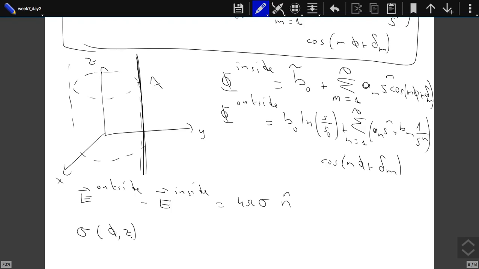So this line charge density, I have to write it as a surface charge density. And the surface charge density is nothing but delta lambda Dirac delta of phi minus phi 0. This is my phi 0. So I have a surface charge density.